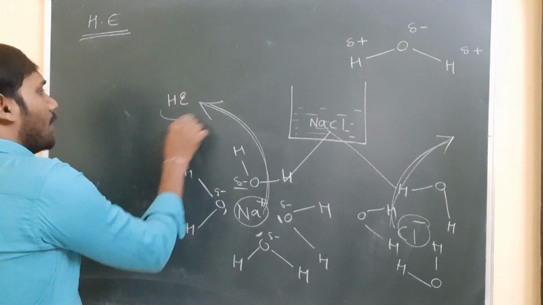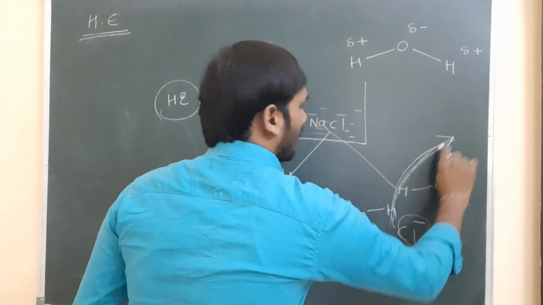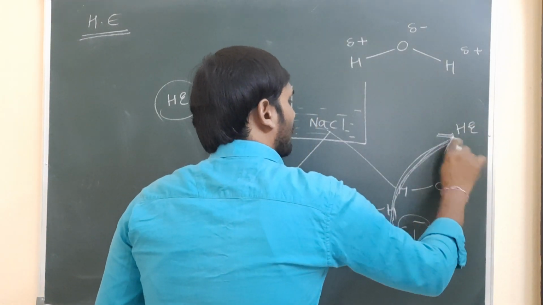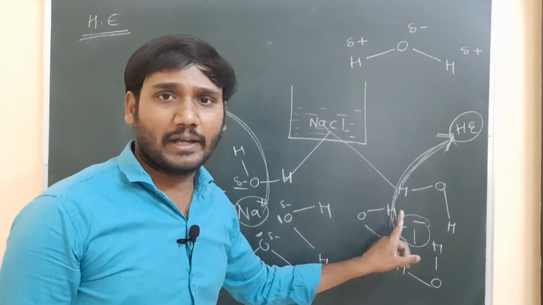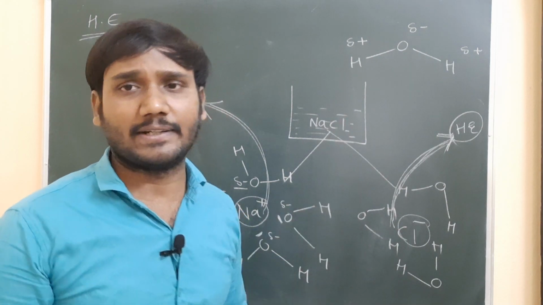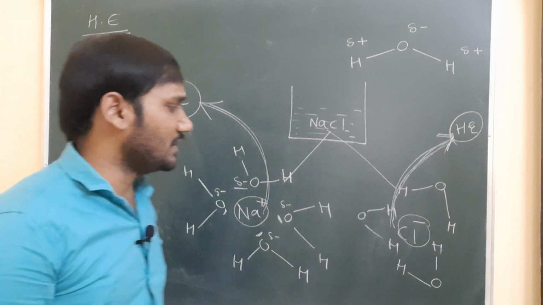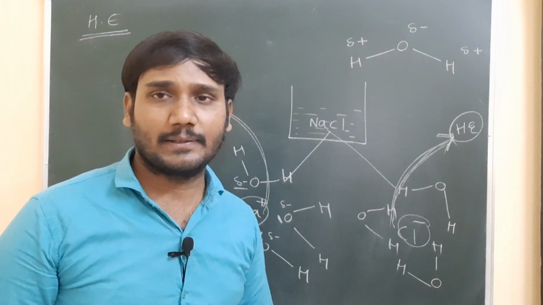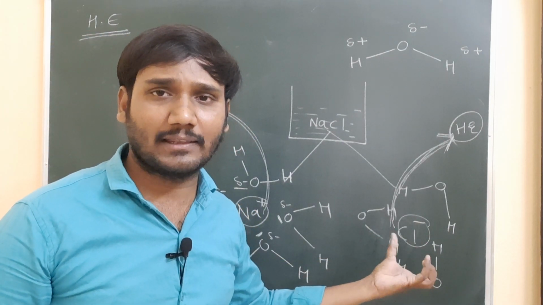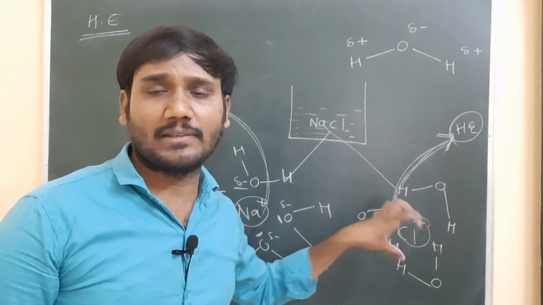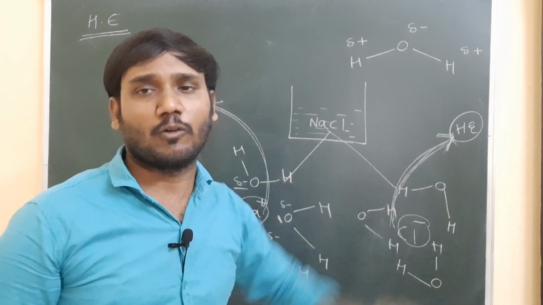Once again, the amount of energy released when water molecules surround an ion is called hydration energy. Generally, hydration energy is inversely proportional to size, because when the size of the ion is less, the attraction capacity is more, so more water molecules will be attracted.